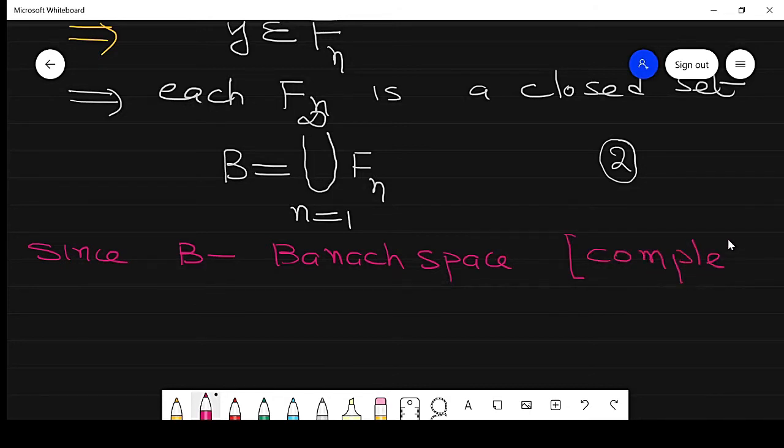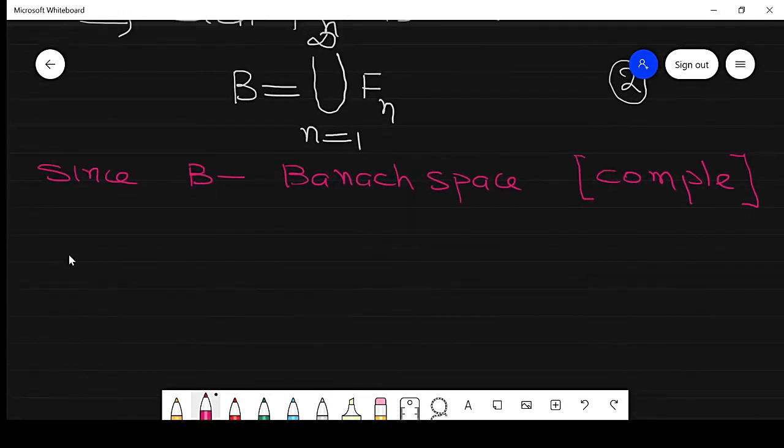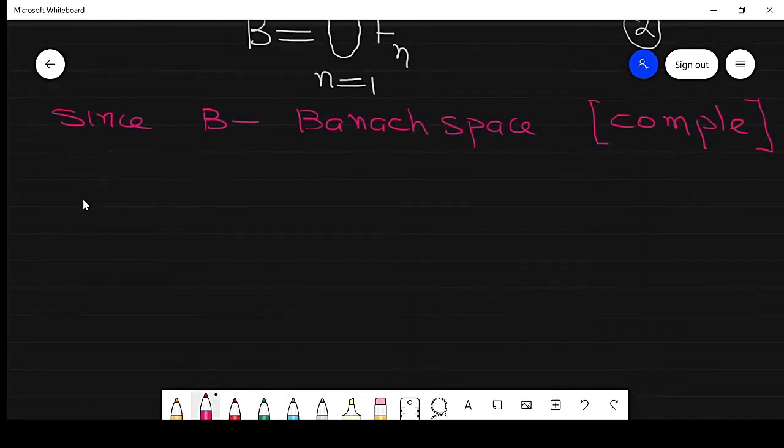Since it is complete, here we will use the Baire category theorem. So what is the Baire category theorem? Every complete metric space is of second category.